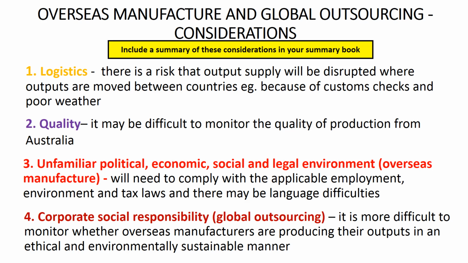These obligations include treating its employees in an ethical manner by paying them a fair wage and providing them with a safe workplace, and producing the output in an environmentally sustainable way by minimising waste and pollution. An Australian business can have its reputation severely damaged if it outsources the production of its output to an overseas manufacturer who does not produce that output in an ethical and environmentally sustainable manner.